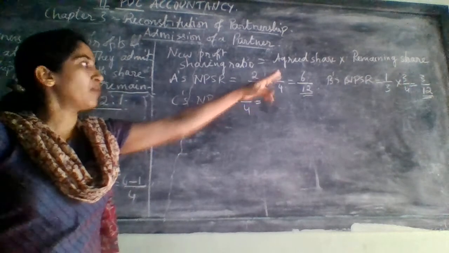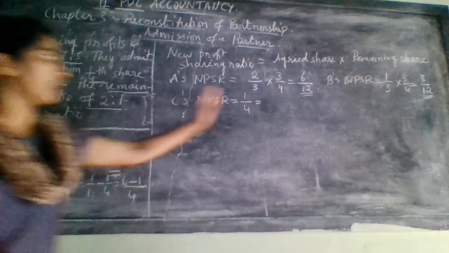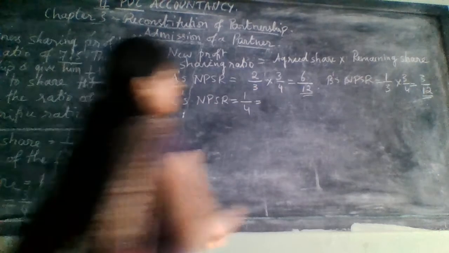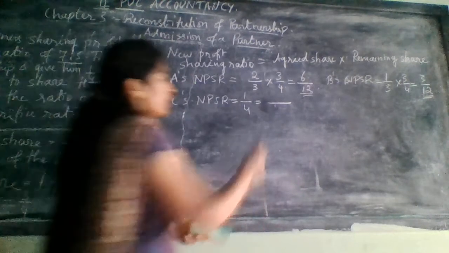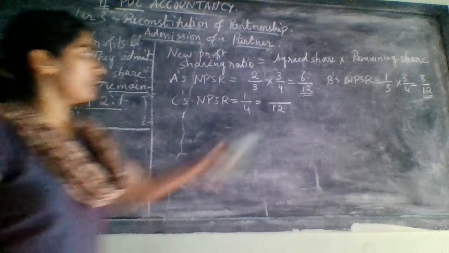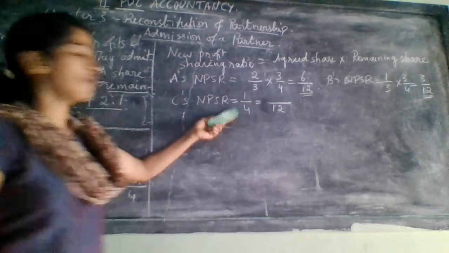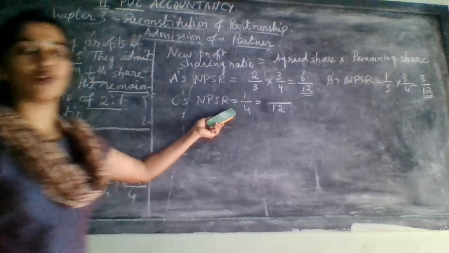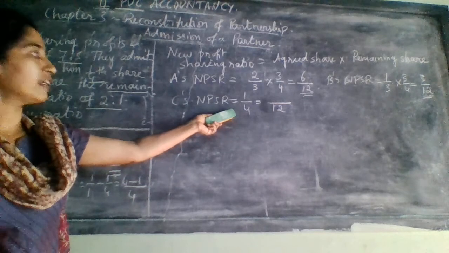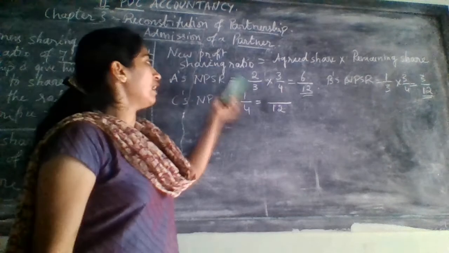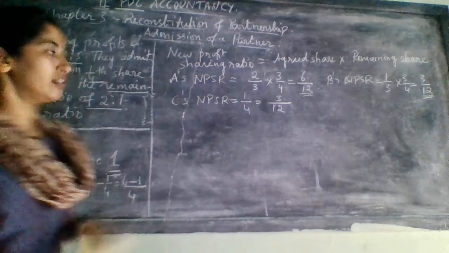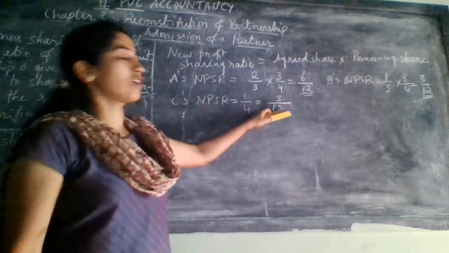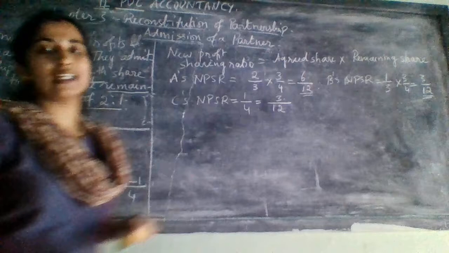Already A and B have the same denominator, so you need to convert C's denominator to that. Which is the common denominator for A and B? That is 12. Write here 12. Now take your calculator. 12 divided by 4, how much will you get? You will get 3, correct? So 3 1s are 3. Now C's new share also came. That is 3, correct?